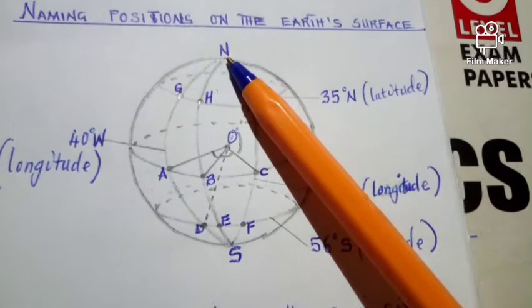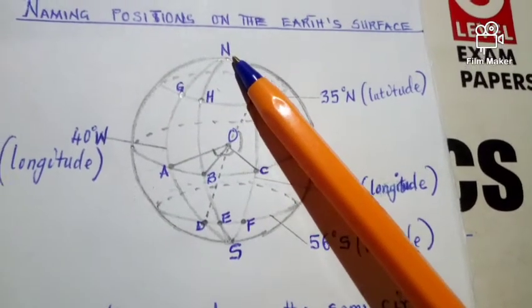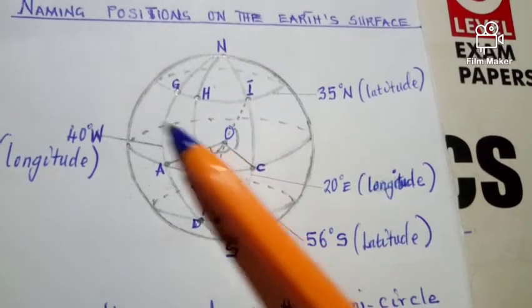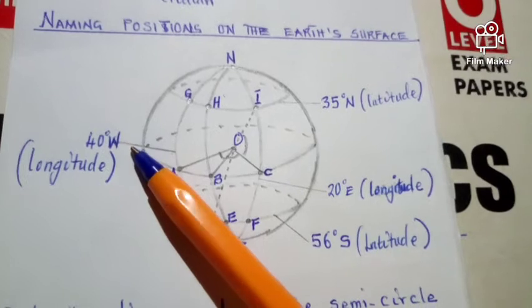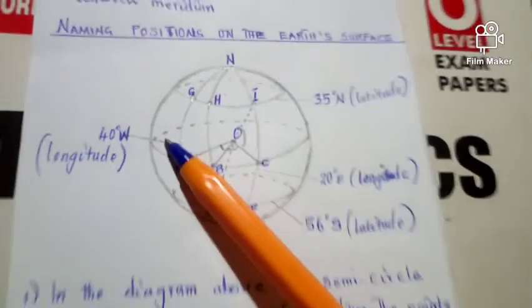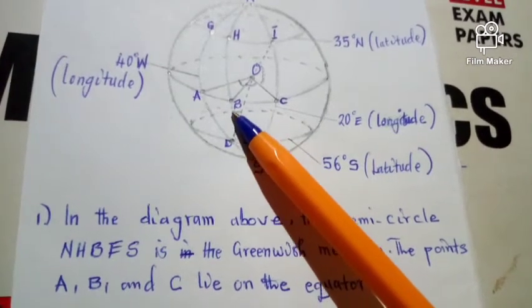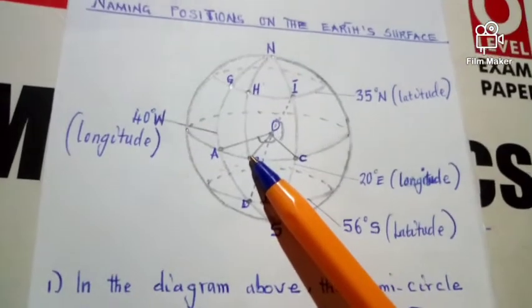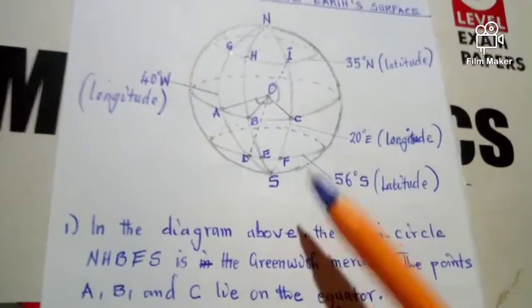It divides the earth into two equal halves. We have the eastern and the what here? We have the eastern and the western hemisphere. Okay, so this is the semicircle, and it is called the Greenwich meridian, as we have said.